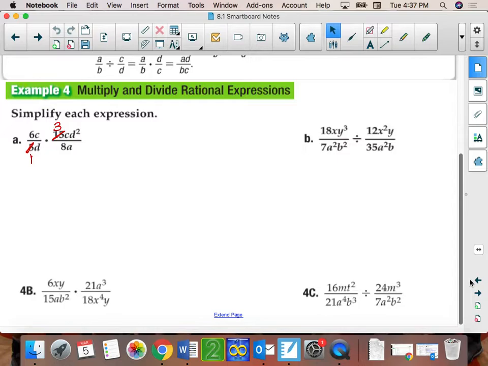And I know that 6 and 8 can be reduced by a 2. So I'm going to make that 6 a 3, and I'm going to make that 8 a 4. Okay, now I'm going to start looking at my variables here. So notice I have a d on the bottom and I have 2 d's on the top.